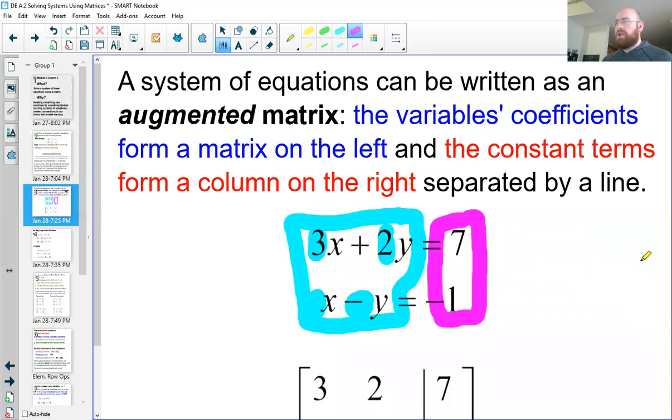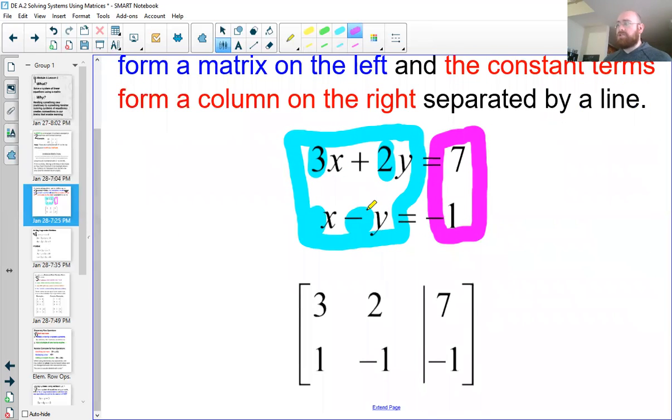And if we were to write this augmented matrix, notice that we have our coefficients, 3, positive 2, positive 1, and negative 1. Those are the coefficients from our variable side. And then we have 7 and -1.